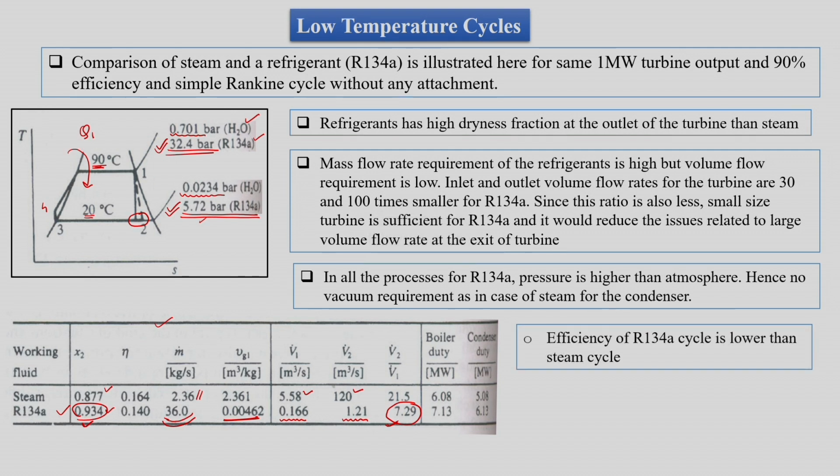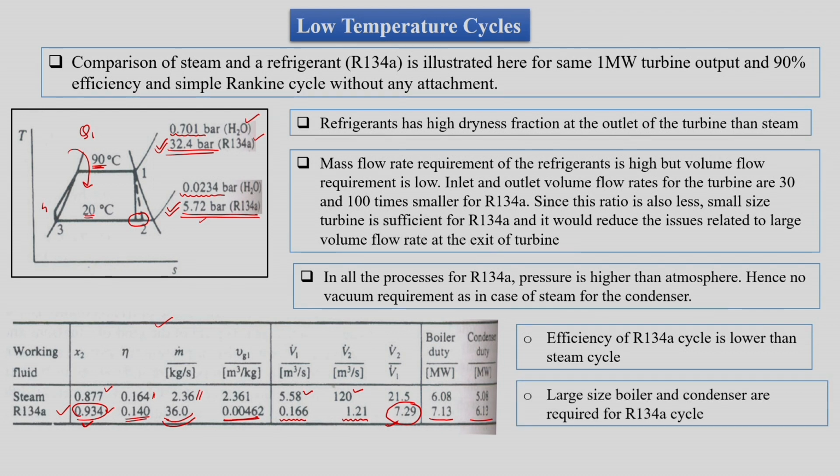But there are two disadvantages. The efficiency of the refrigerant based Rankine cycle is lower than the efficiency of the steam based Rankine cycle. Further, the boiler duty, meaning heat added into the boiler, and the condenser duty, meaning heat lost in the condenser, are both high in the case of the refrigerant.